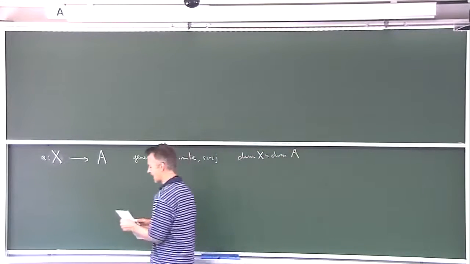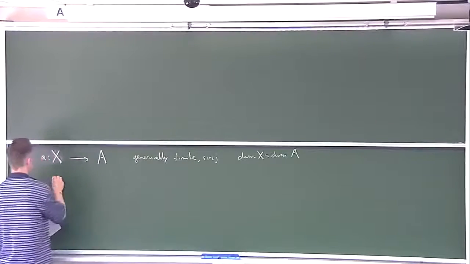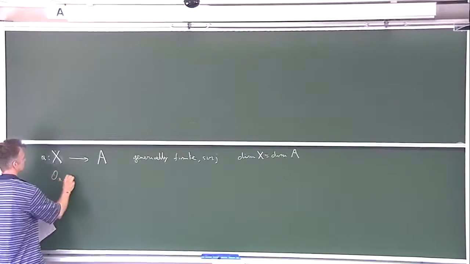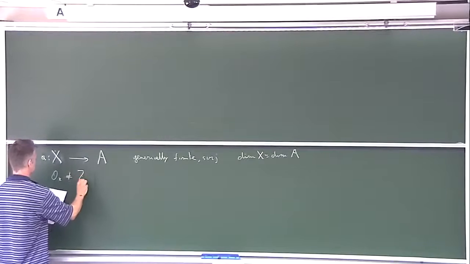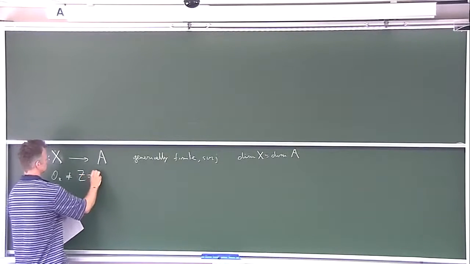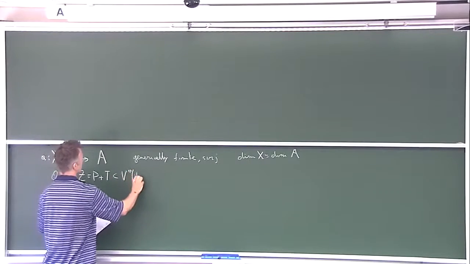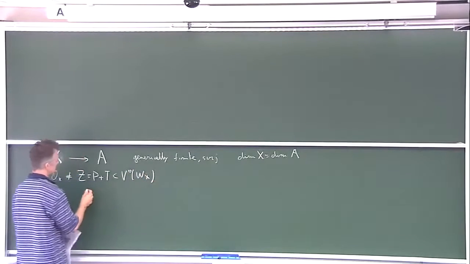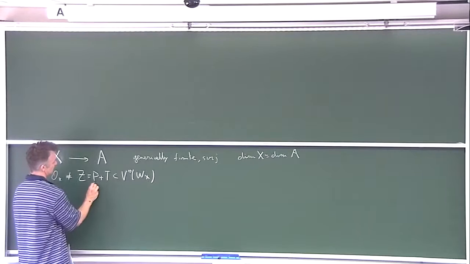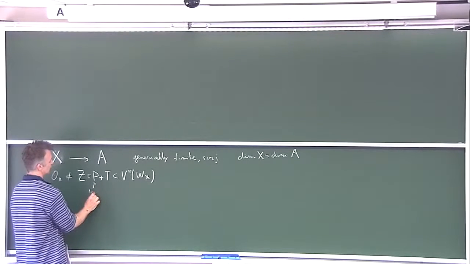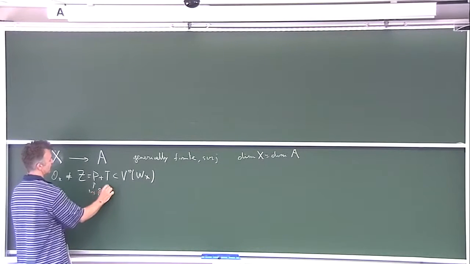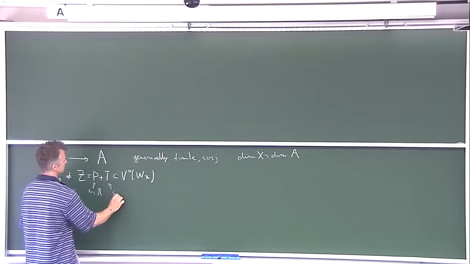Now, what we had is we had some irreducible component, so it's of the form P plus T, contained in V0 omega X. So P is a torsion element of A hat, and T is a subtorus.